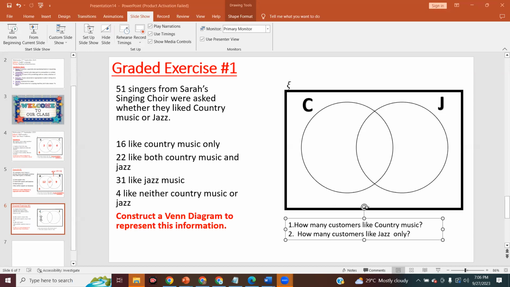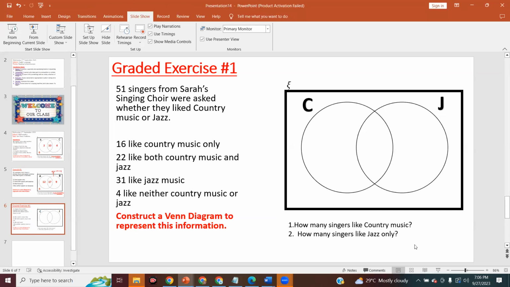Okay, so number one says how many students, how many customers, not customers, can't be customers, how many singers like country music? How many singers like jazz only? And I'll put a bonus in.